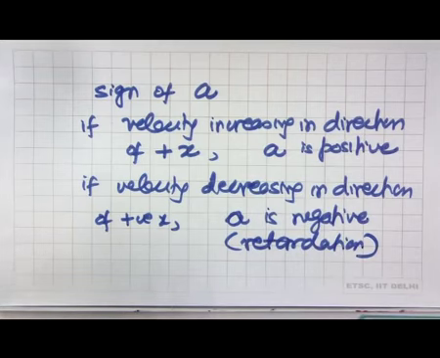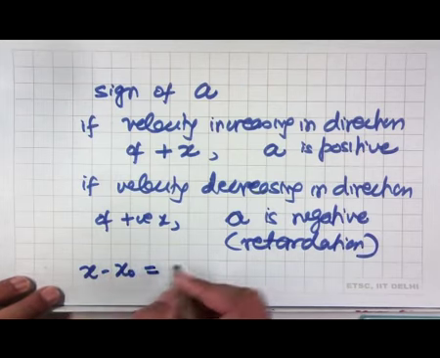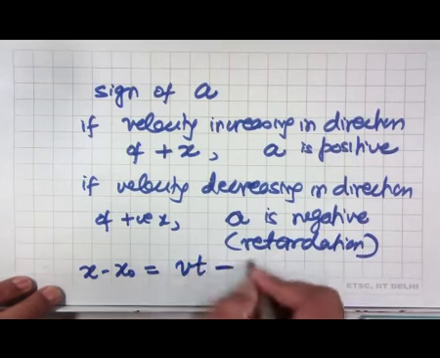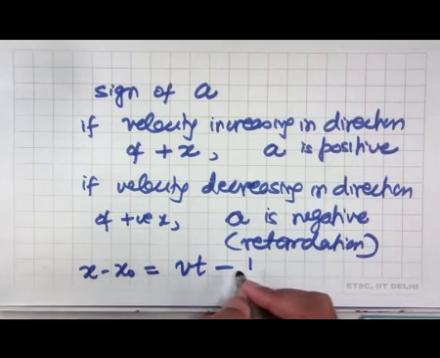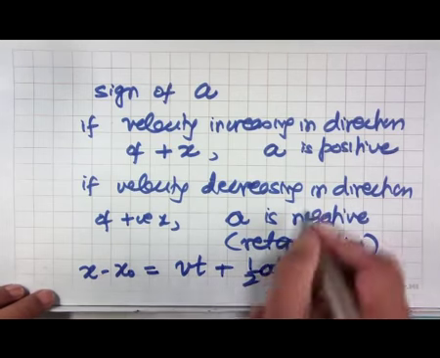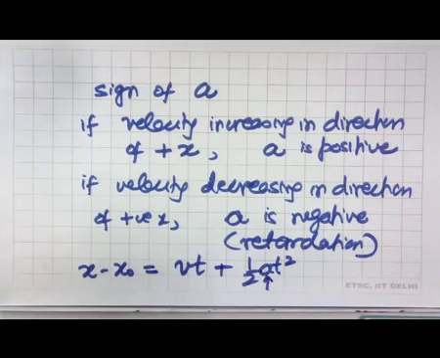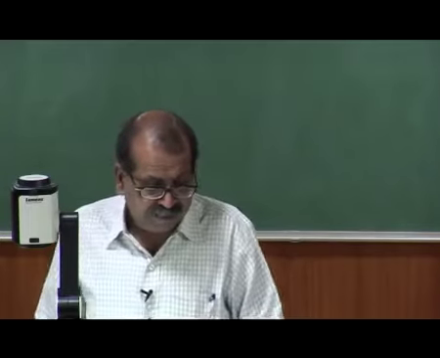Because there are some formulas where you have minus half at square, one has to be careful. For example, in the formula x minus x0 equals v t, we have plus half at square, but if acceleration is negative, then you put a with a negative sign and it may become v t minus half at square for negative acceleration. So, these things have to be kept in mind.